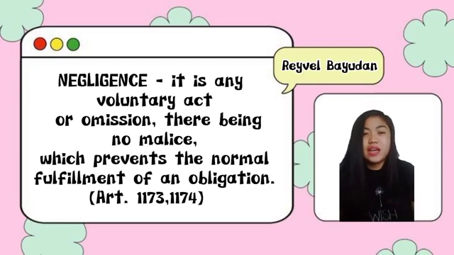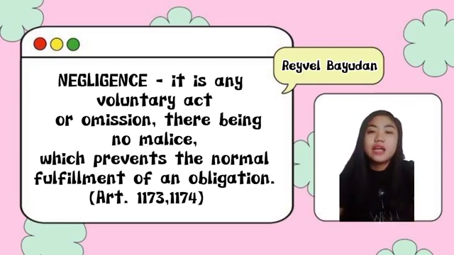So, another example, para maintindihan pa natin, is a store owner who fails to put up a caution wet floor sign after mopping up a spill. So, bakit nagkaroon ng kapabayaan ang store owner? It is because, example sa Jollibee, if may natapon na water or drinks in the area wherein maraming customer na dumadaan.